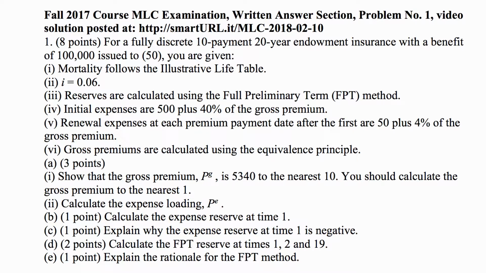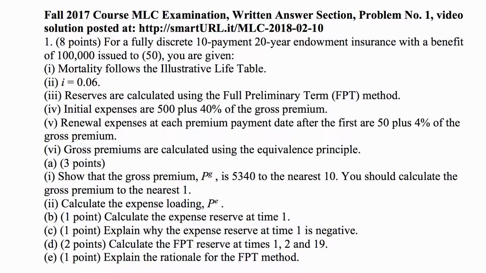Gross premiums are calculated using the equivalence principle. The first part, Part A, is two-part. It asks to show that the gross premium, PG, is 5340 to the nearest 10. We should calculate the gross premium to the nearest 1. And the second part asks to calculate the expense loading, PE.